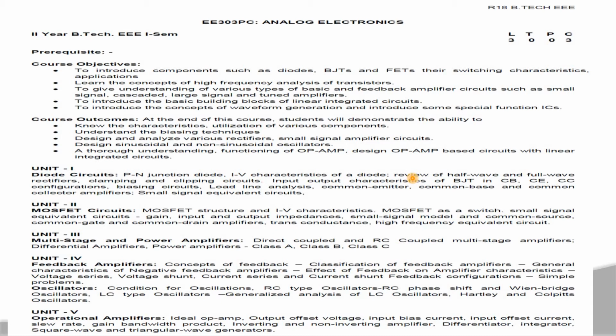It means what is the difference between low frequency analysis and high frequency analysis of a transistor, and we need to discuss various types of basic and feedback amplifier circuits such as small signal, cascade, and large signal and tuned amplifiers, and also introduce the basic building blocks of linear integrated circuits, which is a very basic course after finishing this analog basic fundamentals, and introduce the concept of waveform generators and some special function ICs.